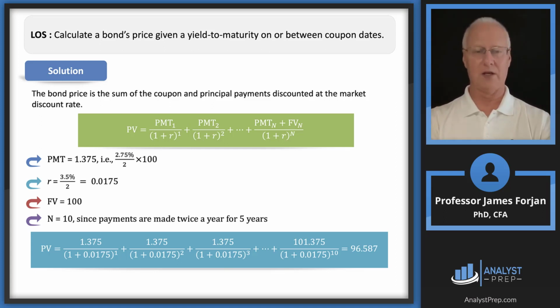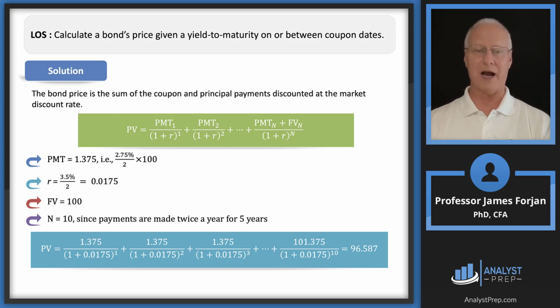So go ahead and look at that blue box down at the bottom, the 1.375. Those are the coupon payments. Notice that we're going to get 9 of those by themselves, but then the final payment, which comes 5 years from today, will be the 10th payment. We're going to get our final 1.375 plus the $100 in par value.